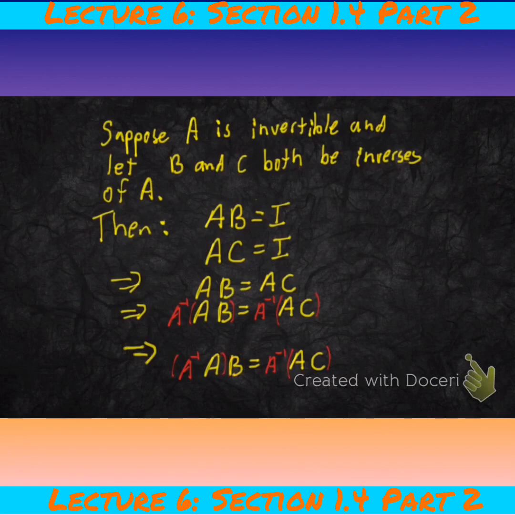On the right hand side I can also do that, and I can move that bracket because the associativity rule holds. And so that is going to be the identity, and so we get that B is equal to C. So the inverse is unique. A matrix, if it's invertible, can't have more than one inverse. It is exactly one inverse.